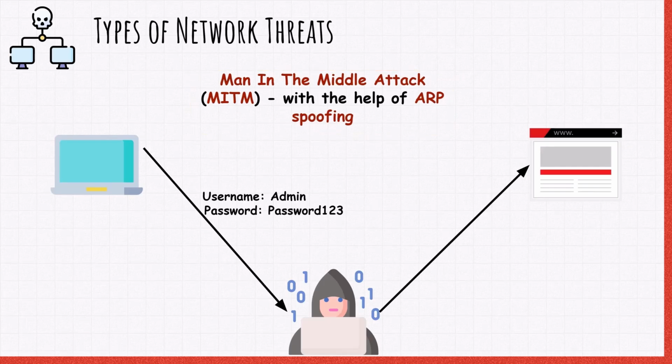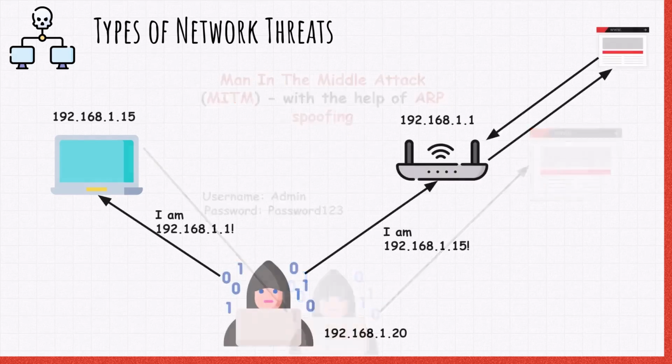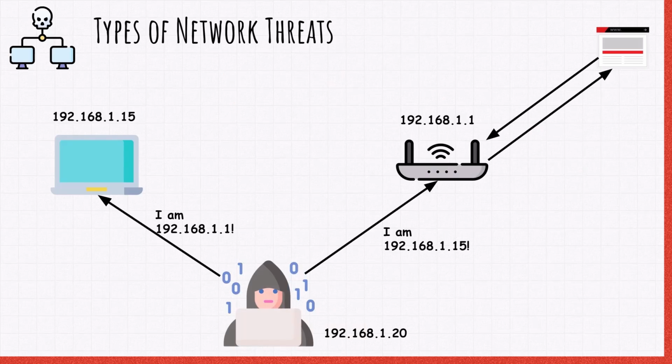It is when the attacker intercepts the connection between devices on the network so that all the traffic goes through the attacker's machine. Logically, if the traffic is going through the attacker's machine in plain text, well, then the attacker can simply read your username and password and gain access to your account on that website.